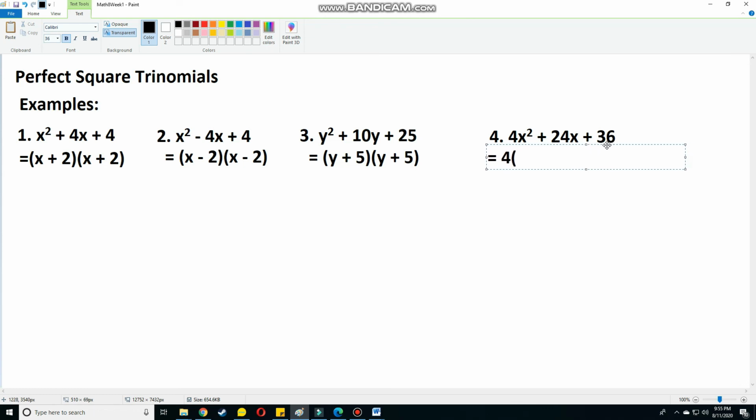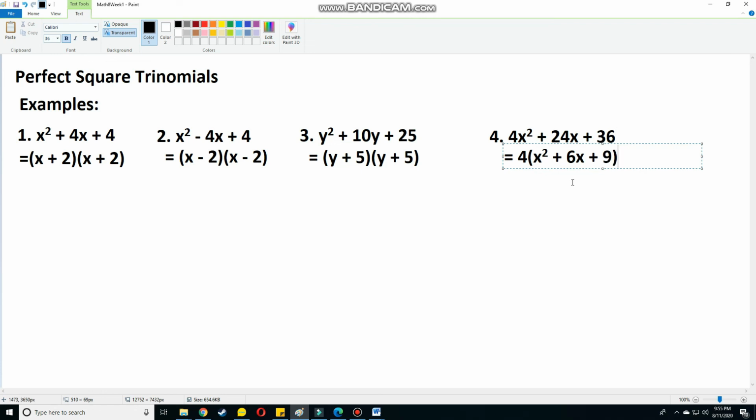So 4x squared divided by 4 would be x squared, plus 24x divided by 4 would be 6x, plus 36 divided by 4 would be 9.